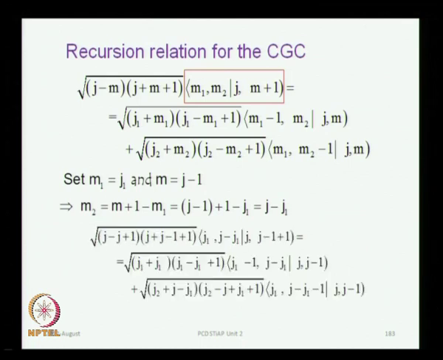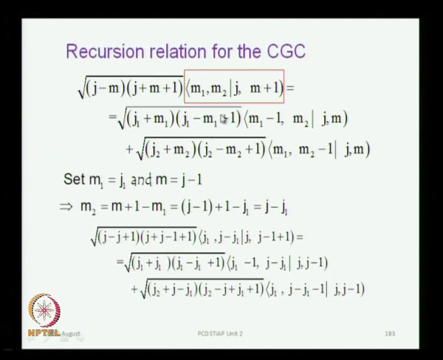Now the rest of it is very straightforward, because you just substitute all of these quantum numbers by the specific values for this choice. So wherever you have m, you have j minus 1. So this is a minus m, so you have minus j plus 1 over here. Here you have m, so it is replaced by j minus 1.